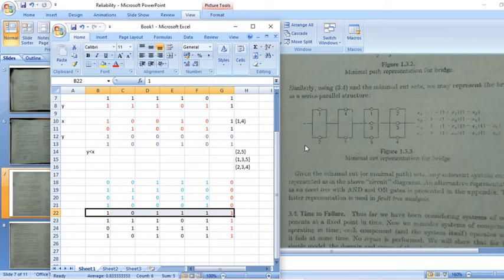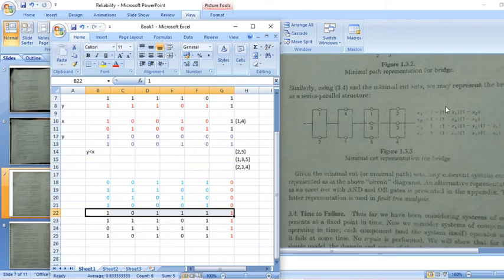The components corresponding to the minimal cuts. Okay, the components corresponding to minimal cuts are connected in parallel. So those are subsystems. So the entire system can be considered as a series connection of parallel subsystems, where the subsystems are the components connected in parallel corresponding to the minimal paths.